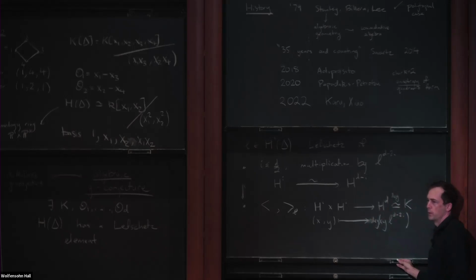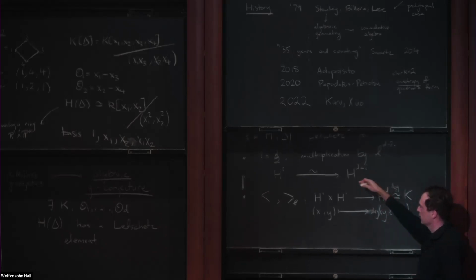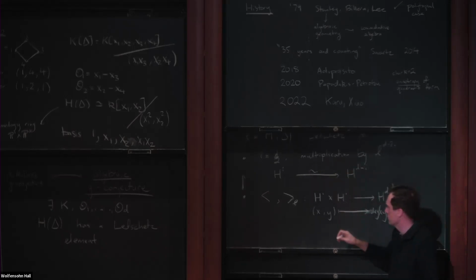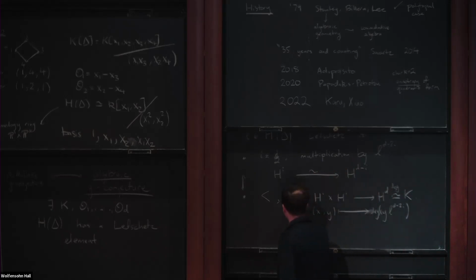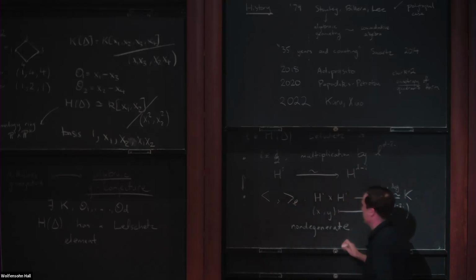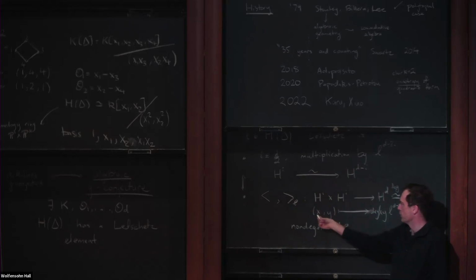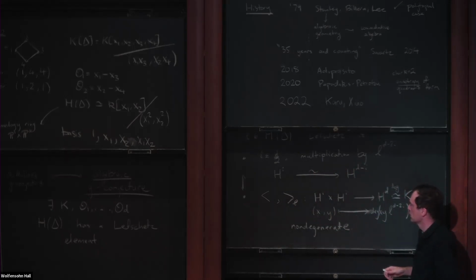Okay, that's going to be a bilinear form, and equivalent to this being an isomorphism is that this is non-degenerate. Non-degenerate means if I take a non-zero element here, there exists some element here which has a non-zero pairing with it.